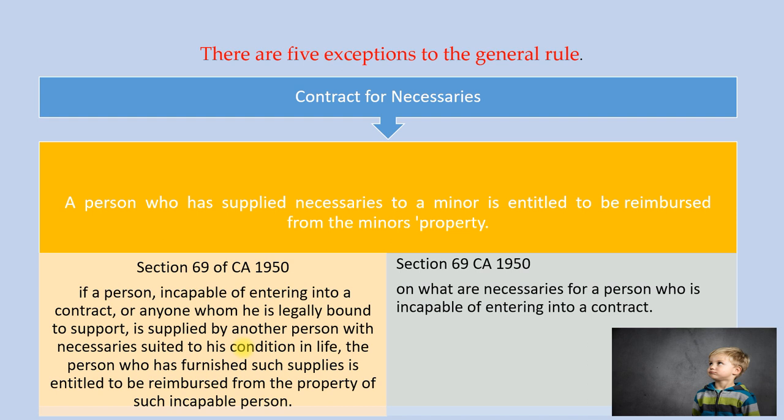Even though the minors, we call people under the age of 18 minors, are barred from entering into a valid contract, the law actually gives 5 exceptions to this general rule.